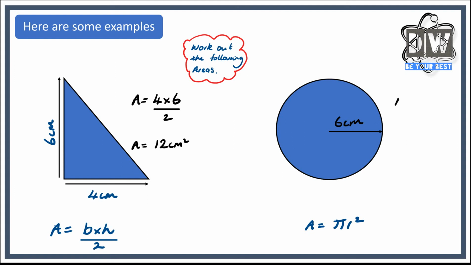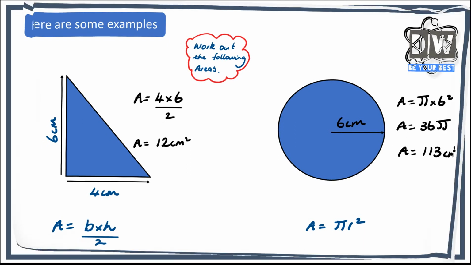And on the other one, we've got area is pi times r squared. What's r? R is 6, so it's 6 squared. 6 squared is 36, so we have 36 pi, and this is done to, I think, 1 decimal place, but you'll get it on your calculator, was 113 centimetres squared.